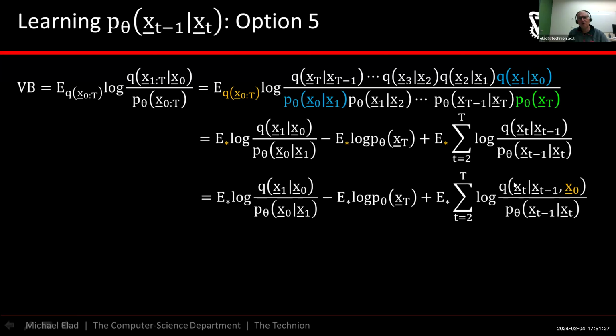Now, why have I done it? How can it help? Let me give you a hint. Look at the denominator. The denominator goes back. The probability is reversing, moving from T to T minus 1. In the denominator, we are still stuck in the forward direction from T minus 1 to T. Why? Yes, please. You would like to use the Bayes rule.